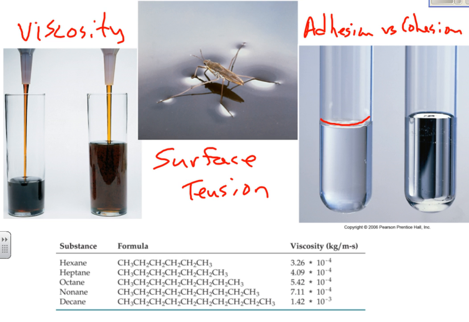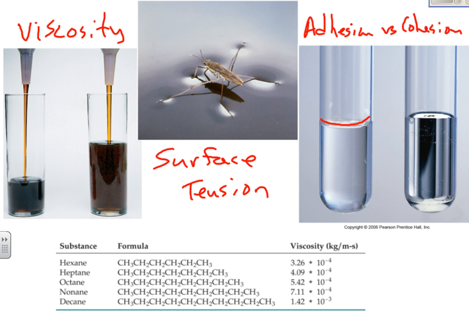The adhesion is the force of attraction between water and the glass, and the cohesive forces are the forces between the water molecules themselves. And so you can see that there's a stronger attraction between the water and the glass than the water and the water. And so you get the water actually climbing up the side and creating that meniscus.